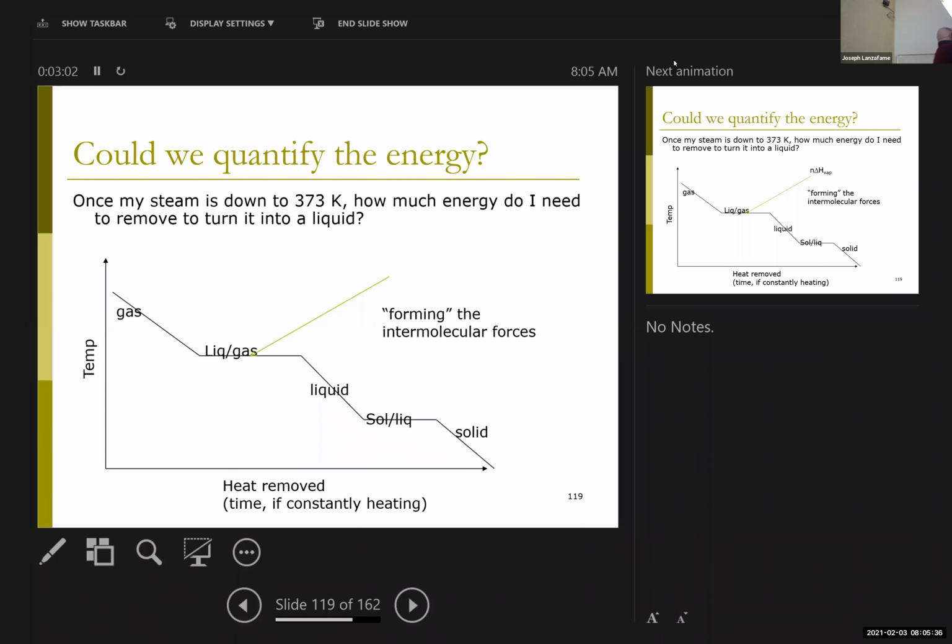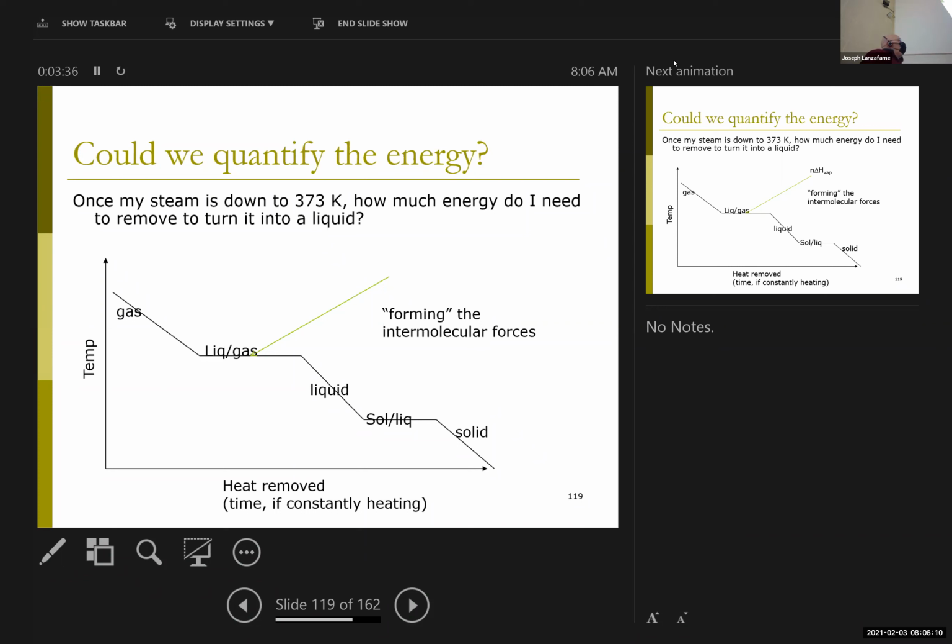And if I'm going to conduct phase changes, in this case at constant pressure, because I'm only looking at the temperature piece of it, I have to consider the phase change to be a combination of really two different types of energies, right? There's my temperature / kinetic energy, and then there's, if you will, the energy associated with actually breaking the intermolecular forces, which is that phase change energy.